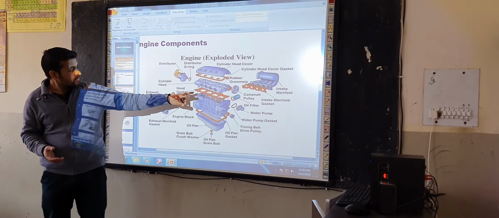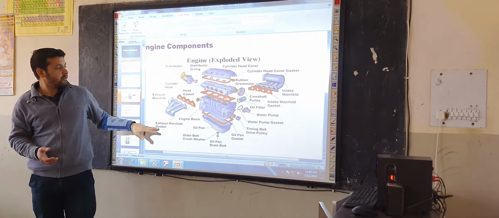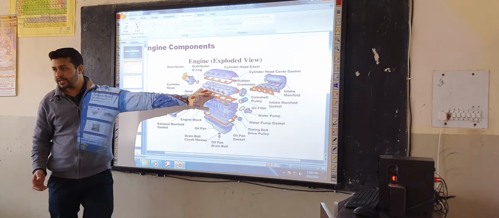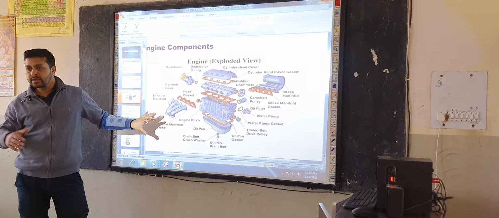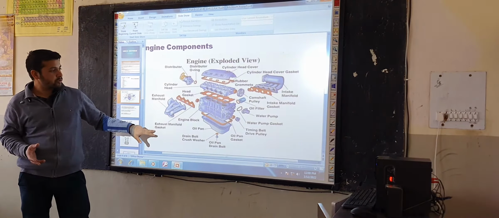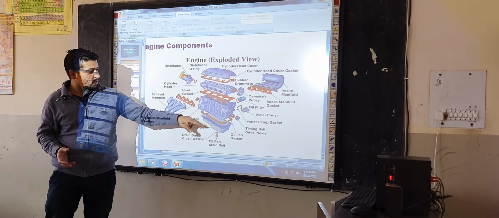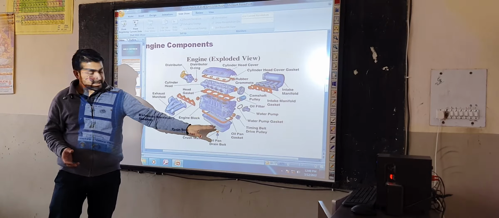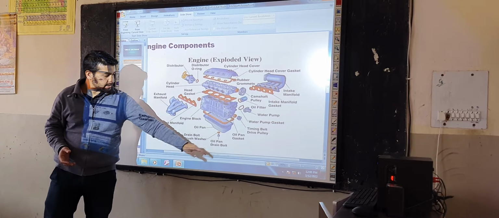And here you can see this is the exhaust manifold. The exhaust manifold is mounted with the cylinder head so that exhaust gases can be ejected through the exhaust manifold. And then this is the exhaust gasket, this is the engine block, this is the oil gasket and oil pan, and drain bolt.